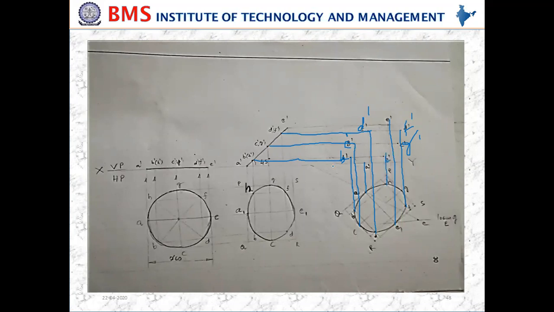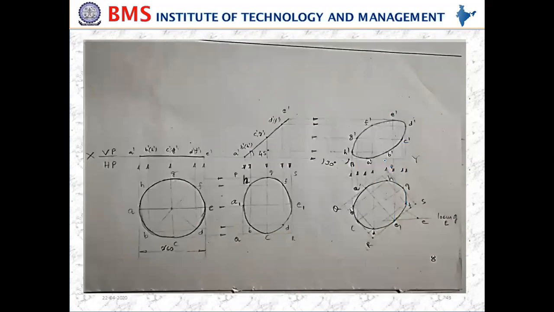So join all these points, and I'm going to get the intersection points. Now after joining all this, these points have to be changed. This is the H, this is the B, this is the C, D, E, F, G. So I made a mistake in drawing this.